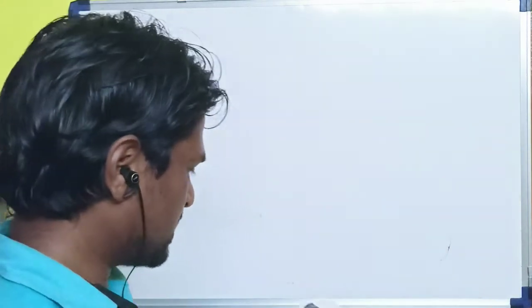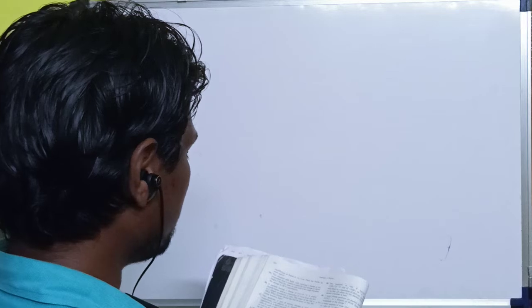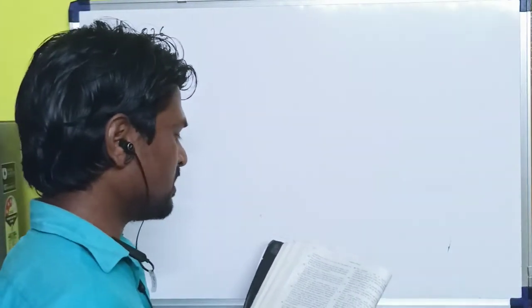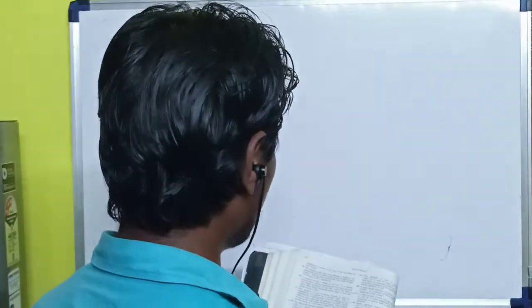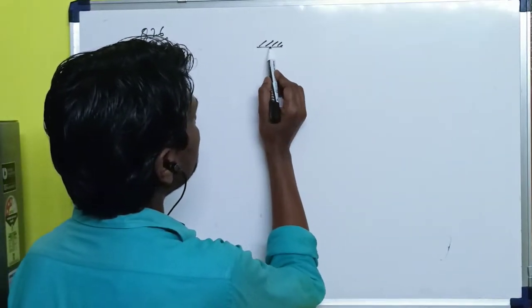So question number 26. A particle having a charge 2.0 into 10 to the power minus 4 coulomb is placed directly below and at a separation of 10 centimeter from the bob of a simple pendulum at rest. So you have to draw a simple pendulum.